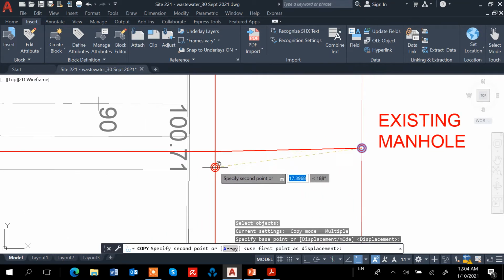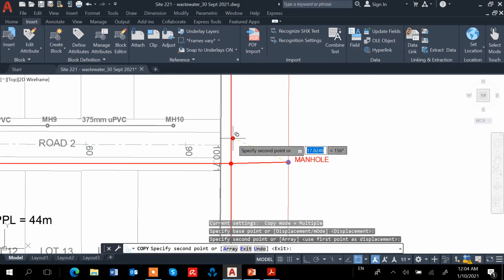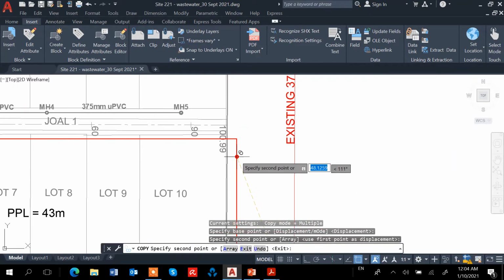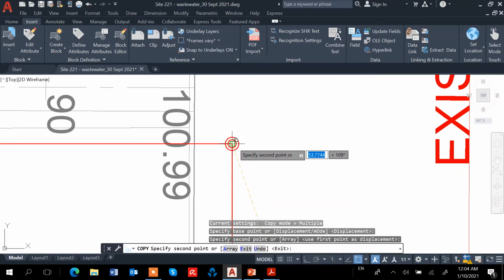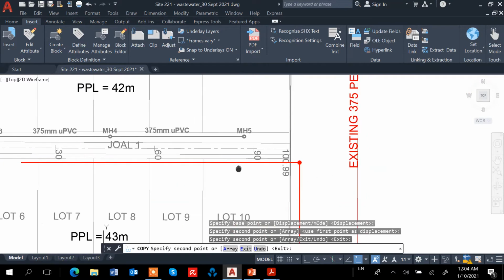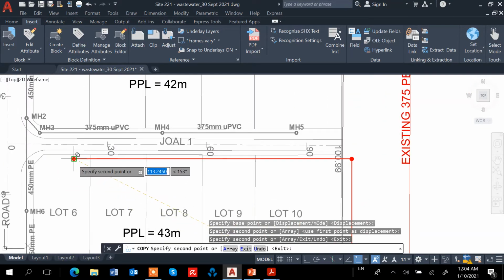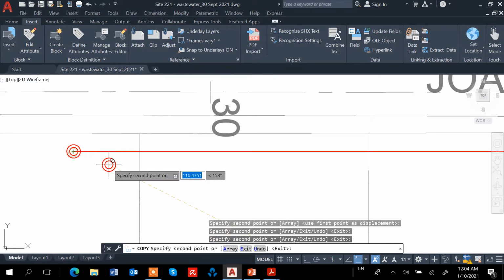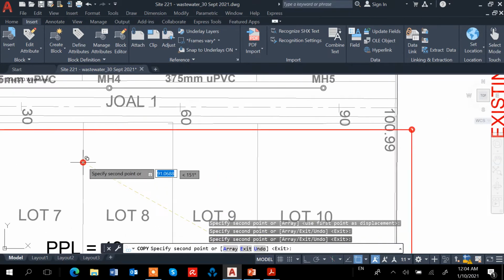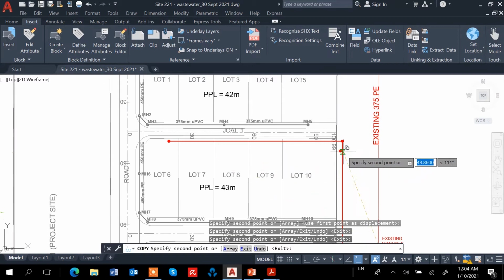Whenever there's a junction and whenever there is a change of direction, we need to introduce a manhole. So I put a manhole here, and here we need to put a manhole as well. At the end, we need to put a manhole. The spacing should be okay because this one is only about 70 to 90 meters, the most is about 90 meter.